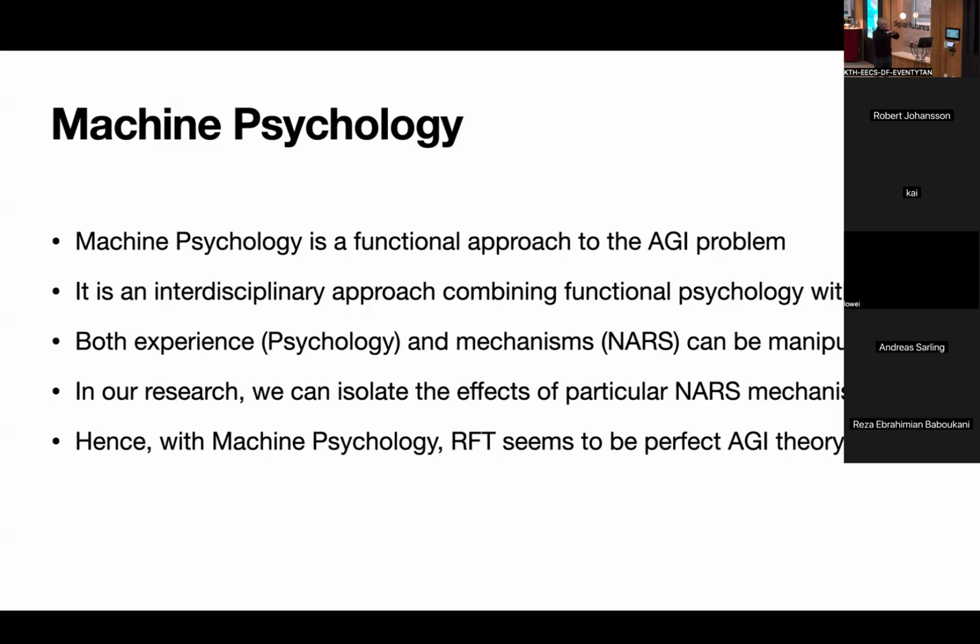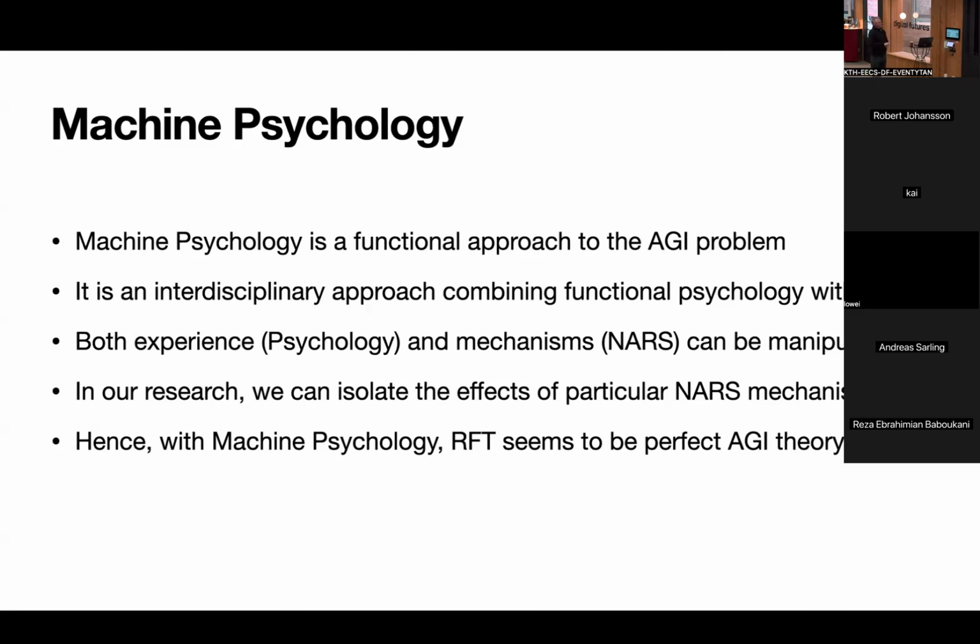So, to speak, we can at the same time change the system's experience and its mechanisms. And the thing we study is the system's behavior, the system's adaptation.